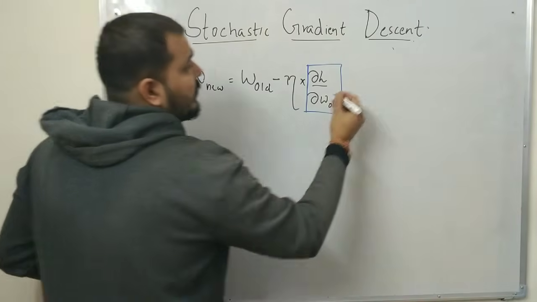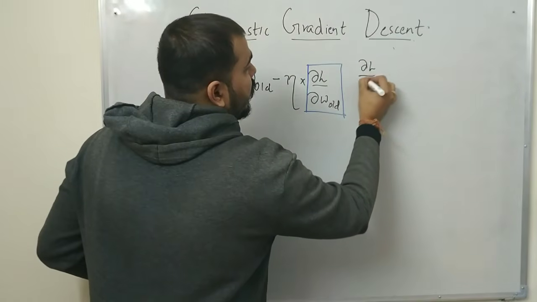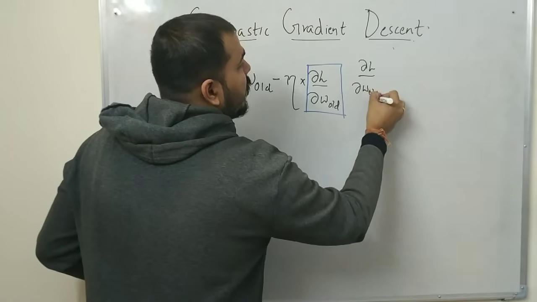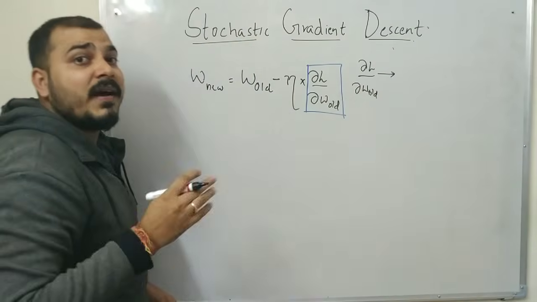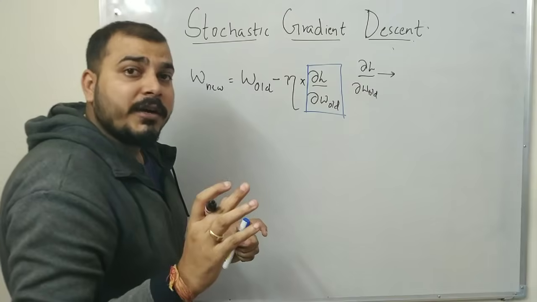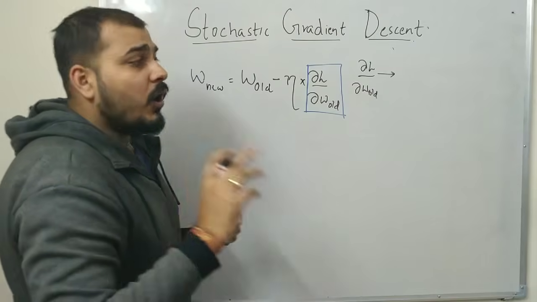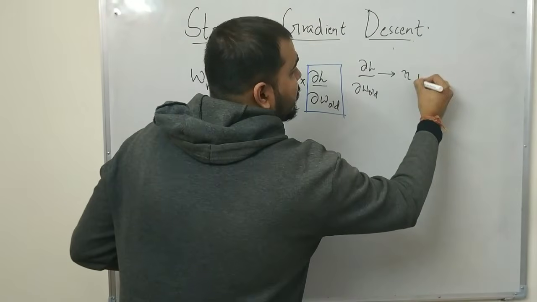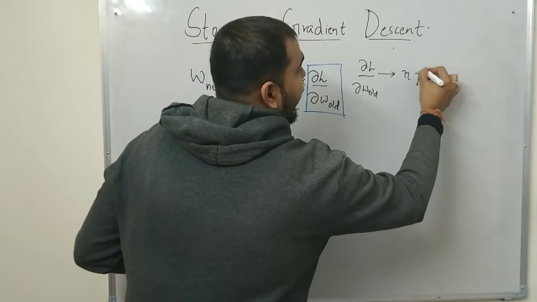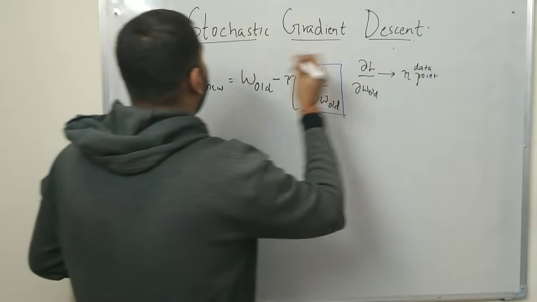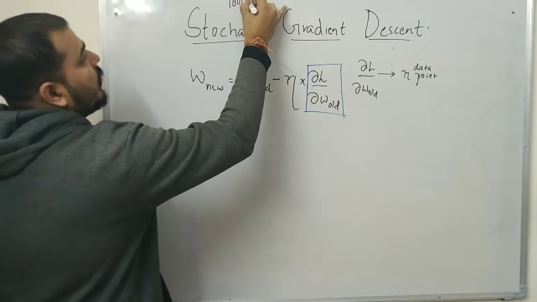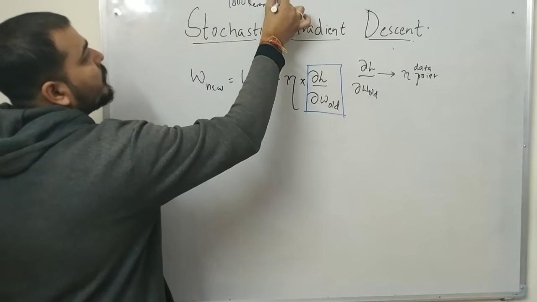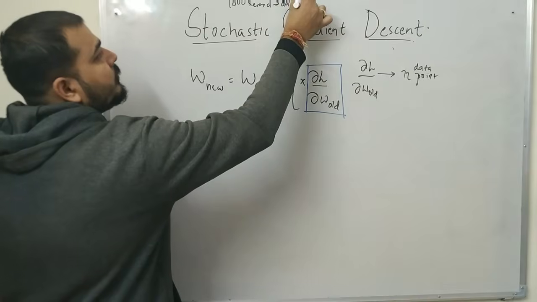So in order to find this, suppose I consider all the data points of a data set, let me say I'm considering all the n data points. Suppose in my data set I have 1000 records, or data points.